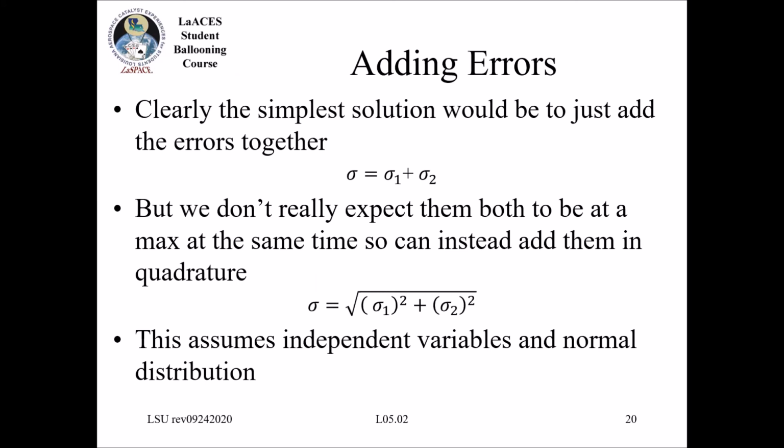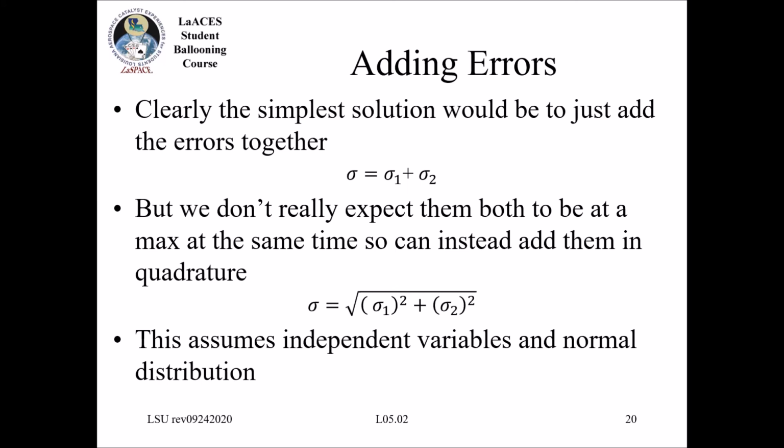But in particular, when you have random error, you do not expect both of those to be at their max values. So in fact, you will overestimate the errors if you just add them straight like that. You can instead do what's called adding in quadrature. And all that means is you square the two values, add them, and take the square root.